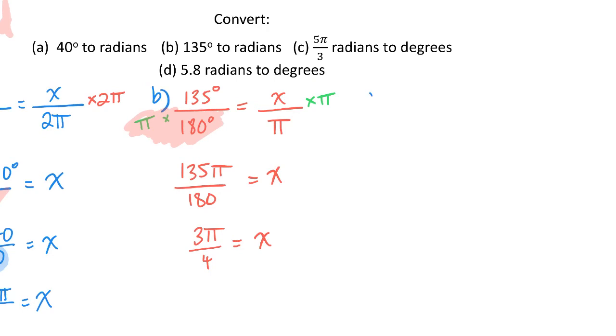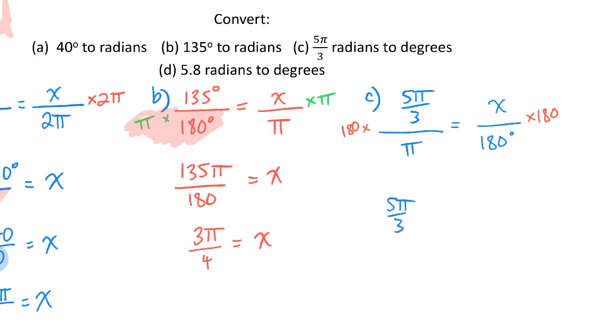Okay, question C. 5 pi by 3 radians into degrees. So let's go the other way. 5 pi by 3 is some proportion of a full pi, or you could say out of 2 pi, it doesn't really matter. We want to know what proportion out of 180 degrees that is. This time, to isolate x, I have to multiply by 180 on both sides to keep it balanced. That leaves me with 5 pi by 3 times 180 divided by pi, because there's a pi on the bottom.